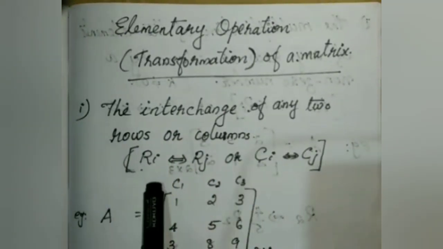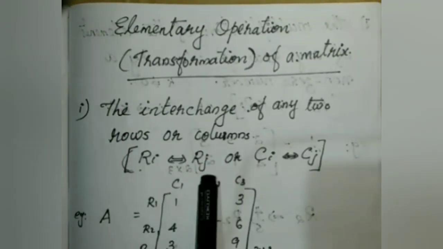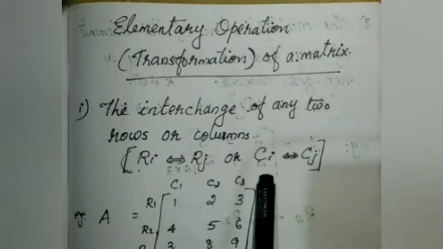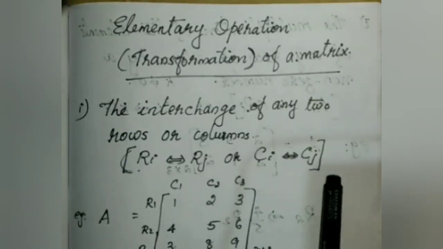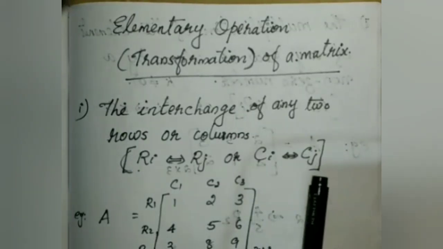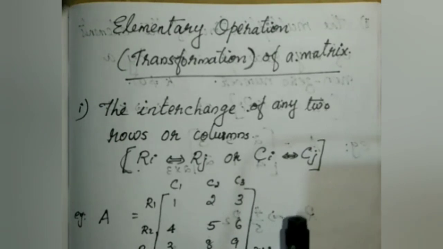Symbolically, it is denoted as the rows Ri ↔ Rj, or the columns Ci ↔ Cj. It means if given a matrix, you can apply two kinds of transformations related to interchange. The first would be interchange of any two rows, and the second in the same category is interchange of any two columns. Let us see what I mean by this.